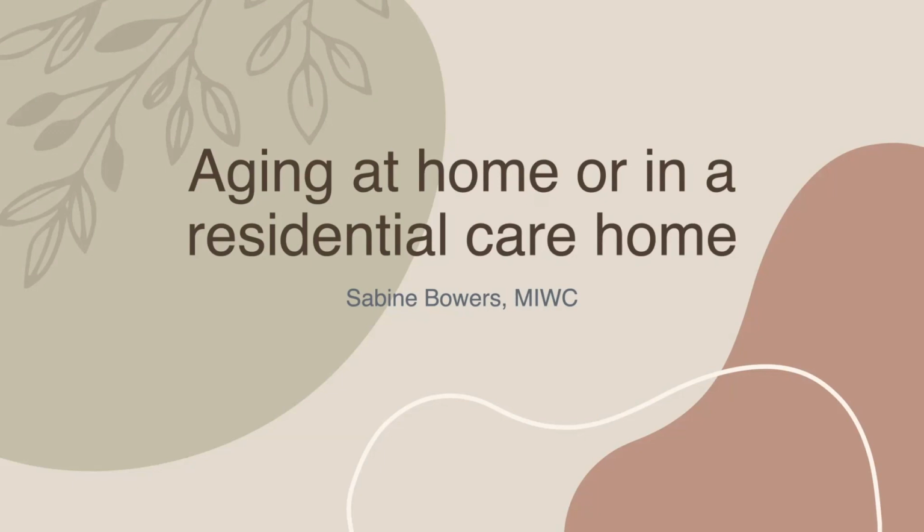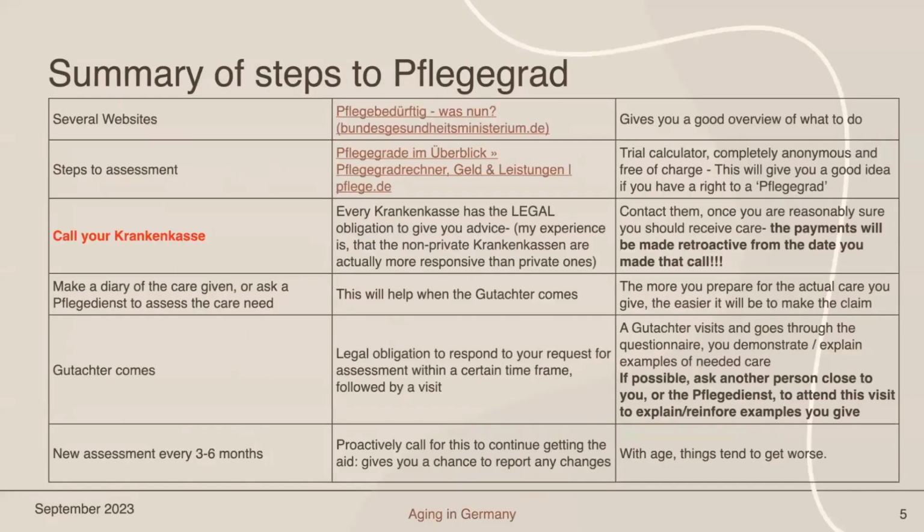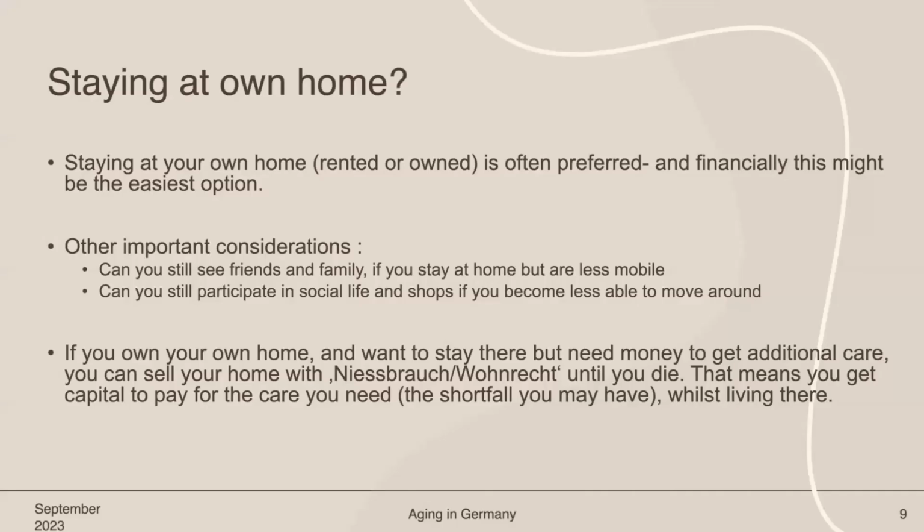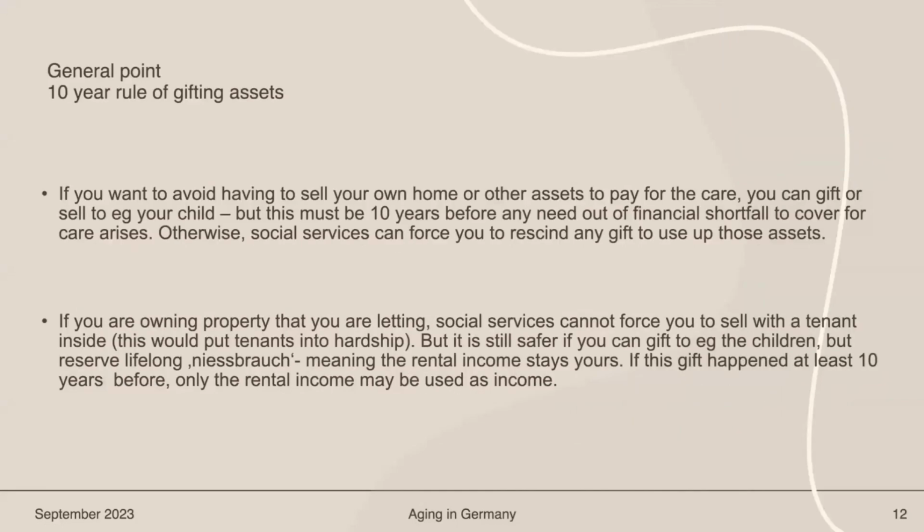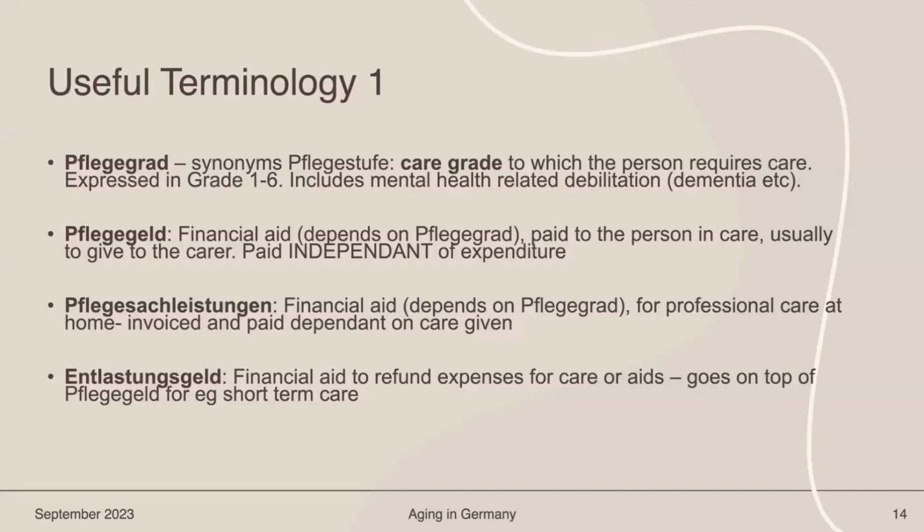Before we get started into the core of the presentation, I'd like Anitra to go to slide 14, because I've prepared a few annex slides, which give you useful terminologies. I didn't want to translate the German words for the appropriate care levels. I wanted to keep them in German because that's what you need to discuss when you start getting into this.